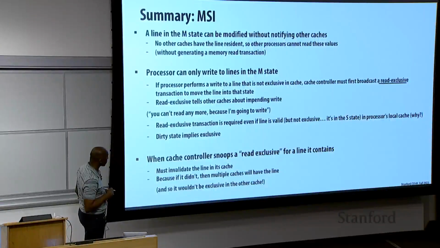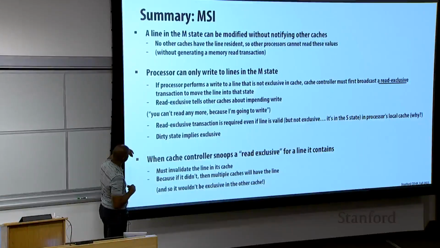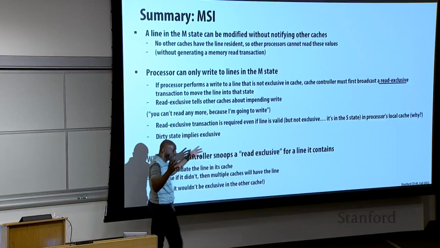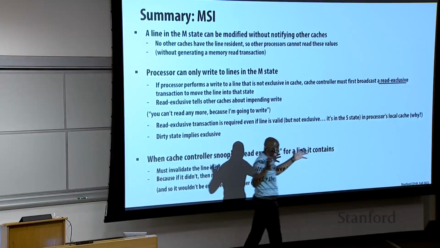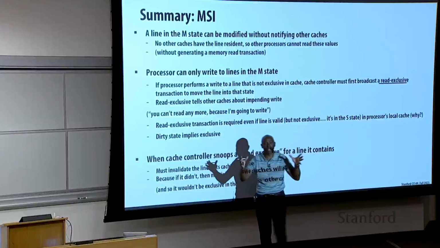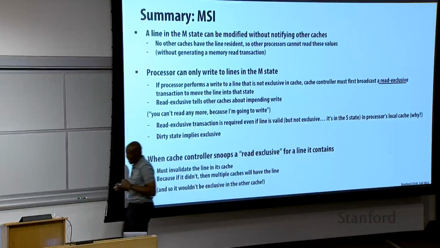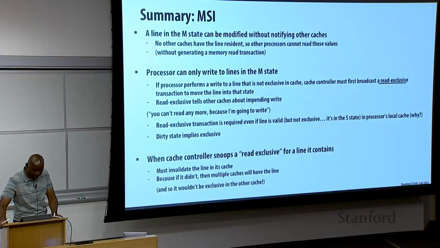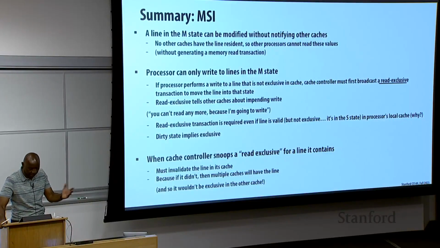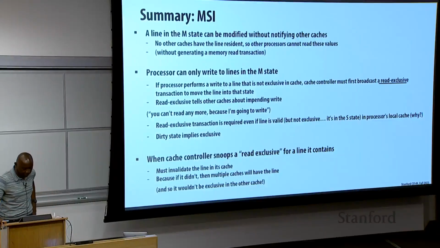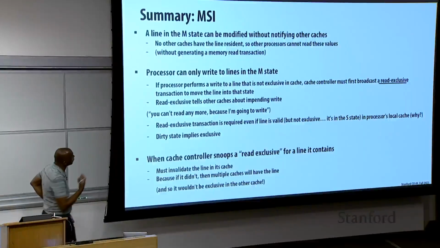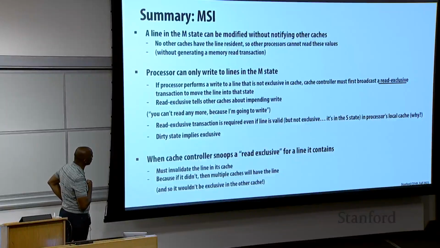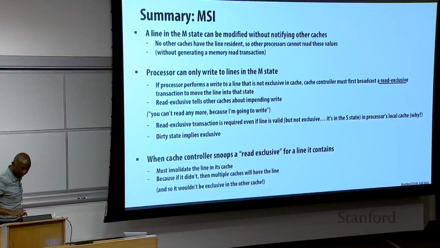And we maintain this invariant by having this bus which serializes all the transactions in the system, and make sure that we move from the state in one cache to the next in a serialized manner.